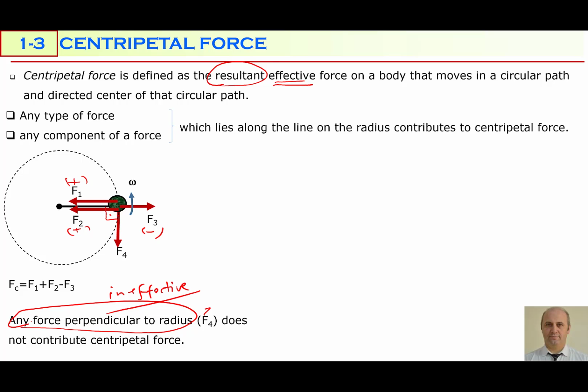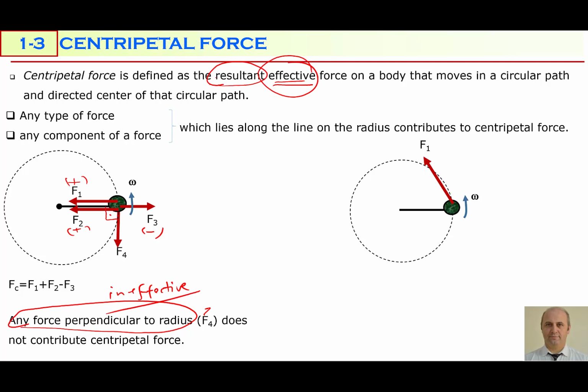So that's why this word is put in the definition of the centripetal force. Always we are going to say that if any force, or any component of the force, is perpendicular to the radius, that force is ineffective, so it will not be included in the centripetal force equation. But sometimes a force can be inclined.